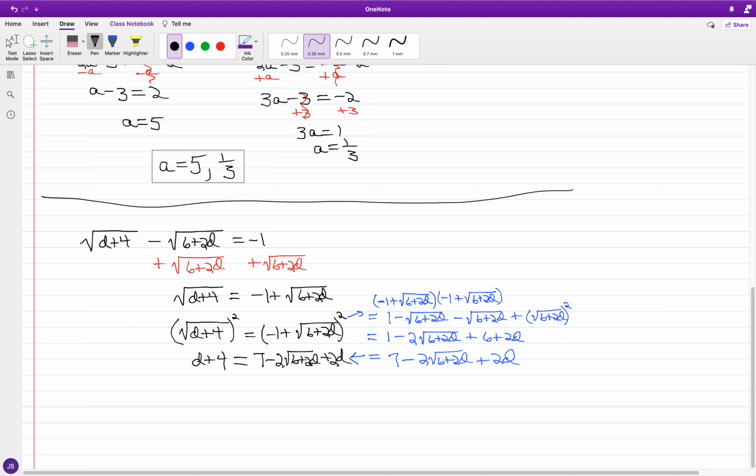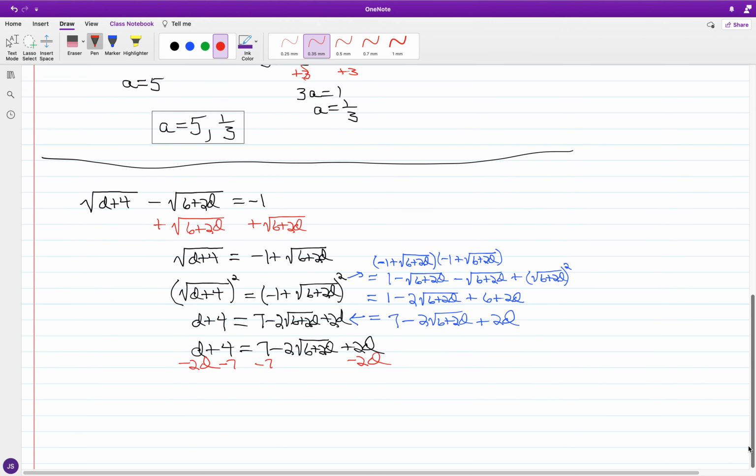Okay, so I'm going to isolate the radical. So that means I'm going to move both the 7 and the 2d over. So I'm taking 7 out, and also taking care of the 2d.